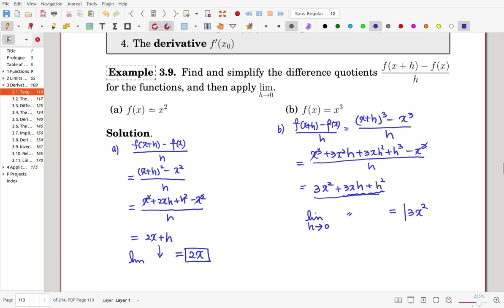So that is the derivative of x cubed at a general point x. Later on, it will be part of the formulas for derivatives. Okay.